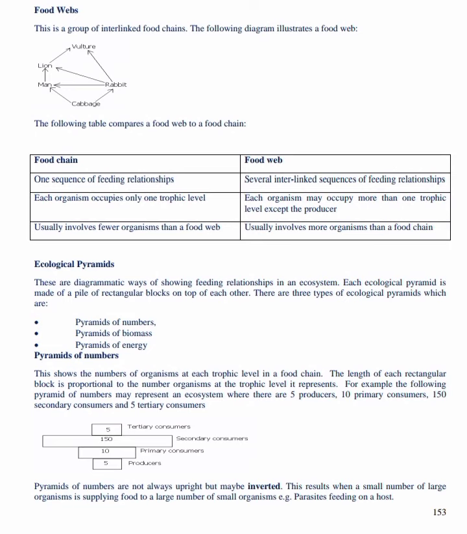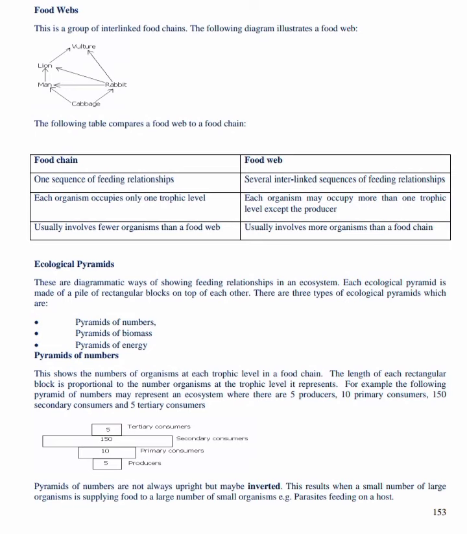Now let's say they ask you a question to differentiate between a food chain and a food web. You're going to say that a food chain has only one sequence of feeding relationships. But a food web is several interlinked sequences of feeding relationships. It's a lot of food chains combined together. And in a food chain, each organism occupies only one trophic level.